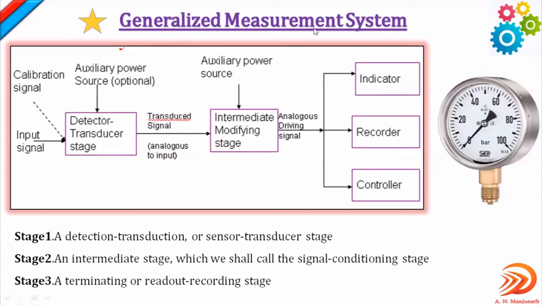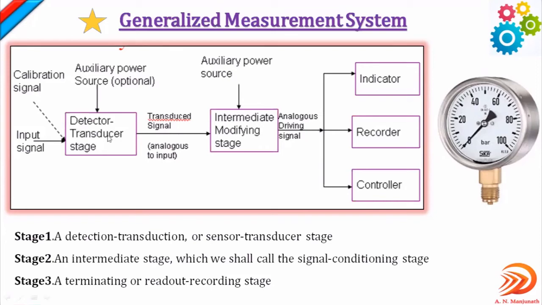A measurement is considered a measurement system when it has some elements, and those elements consist of stages, right? You can observe in this image there will be a detector transducer stage. The second stage is the intermediate modifying stage, and the third stage is a terminating stage, or a readout stage or recording stage. These are the three stages generally involved in a measurement system.